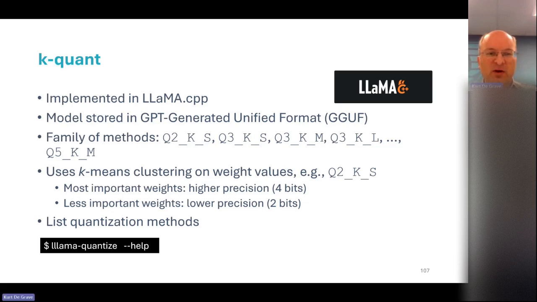And in these method names, Q and then a number, the number stands for the number of bits used for the least accurate numbers in the quantization. So you also need to store offset and scaling factors. So the average number of bits per parameter is always a bit higher than this integer, but it can be somewhat close.